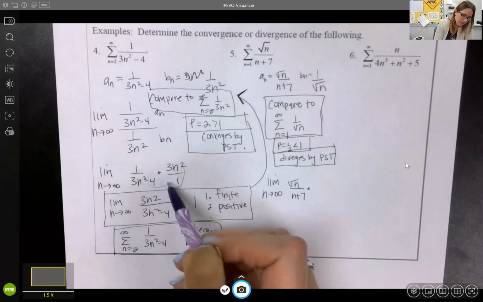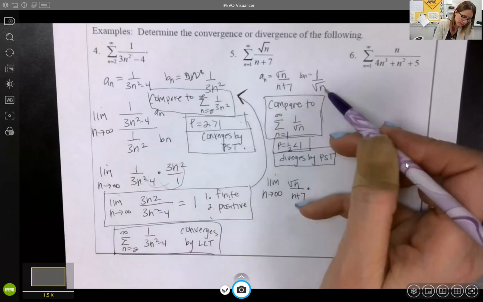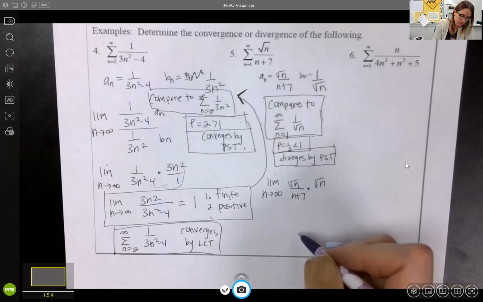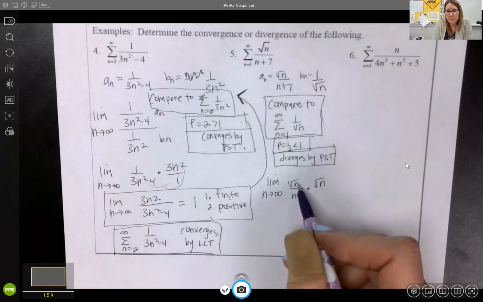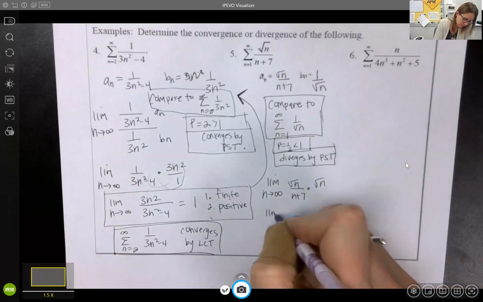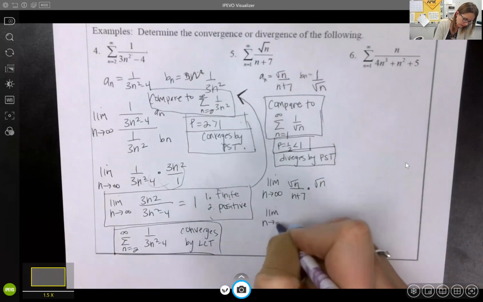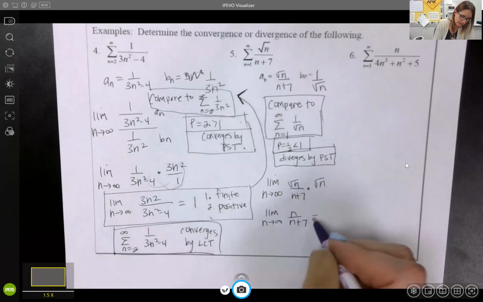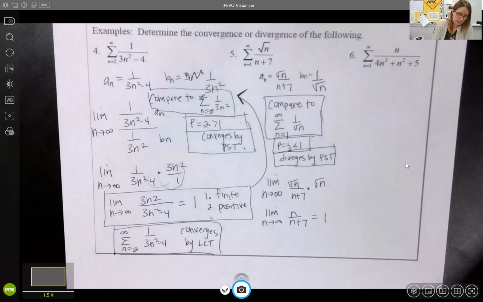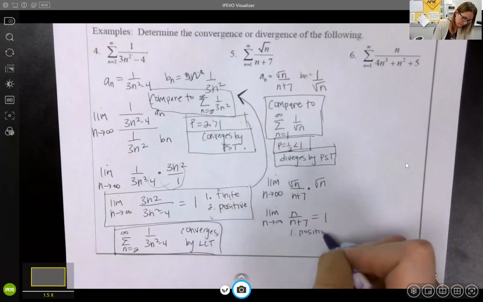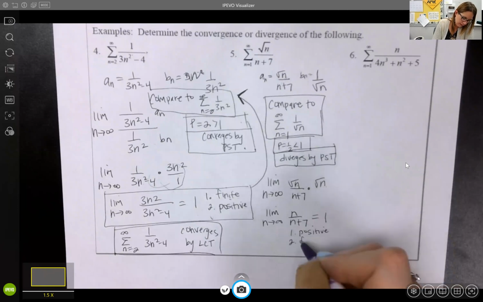So I'm going to do the reciprocal of 1 over root n, and this will be root n over 1. So notice if I multiply root n times root n, I just get n. And then n divided by n plus 7. I'll write it one more time just to make it clear. Equals 1. Okay, that limit is positive and finite.